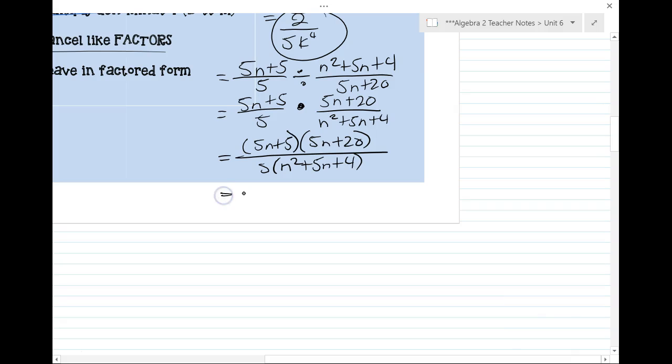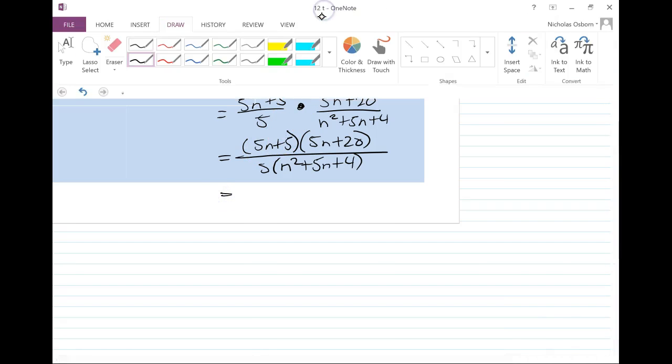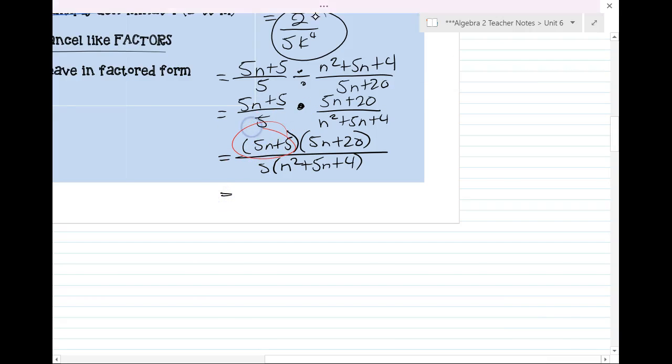Okay, so the top, the first binomial here, we can factor out a 5. So let's take a 5 out, and then we're left with n plus 1. And the second one here, we can factor out a 5 again, and we're left with n plus 4, because 5 times 4 is 20.